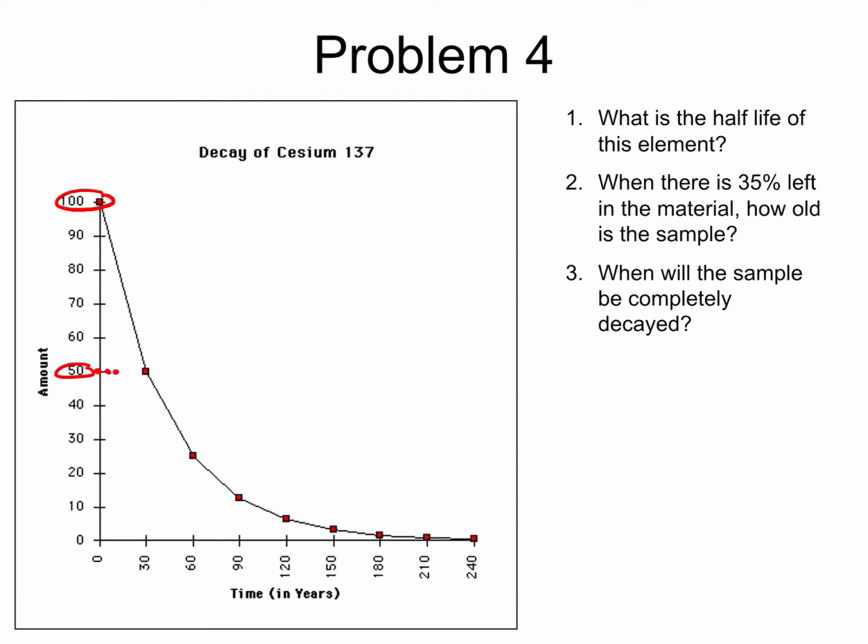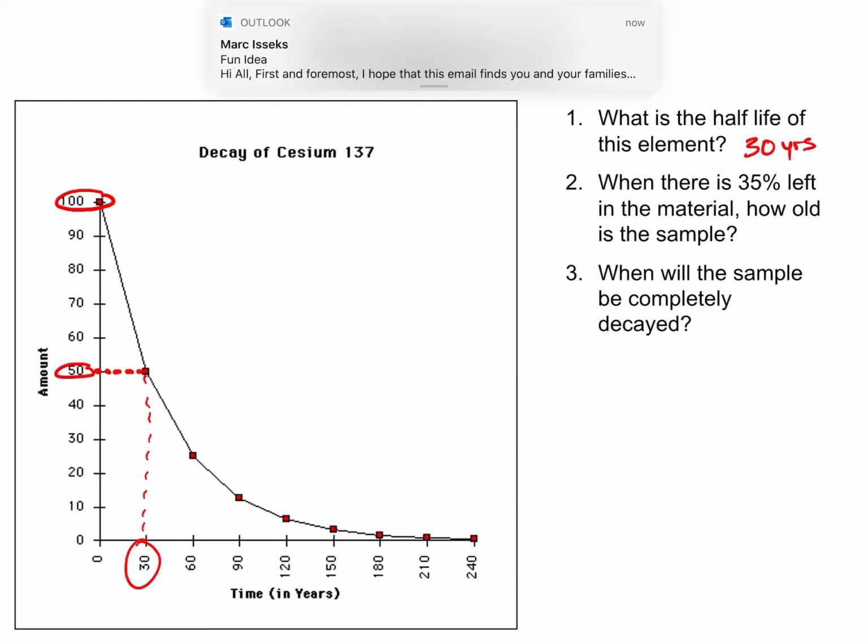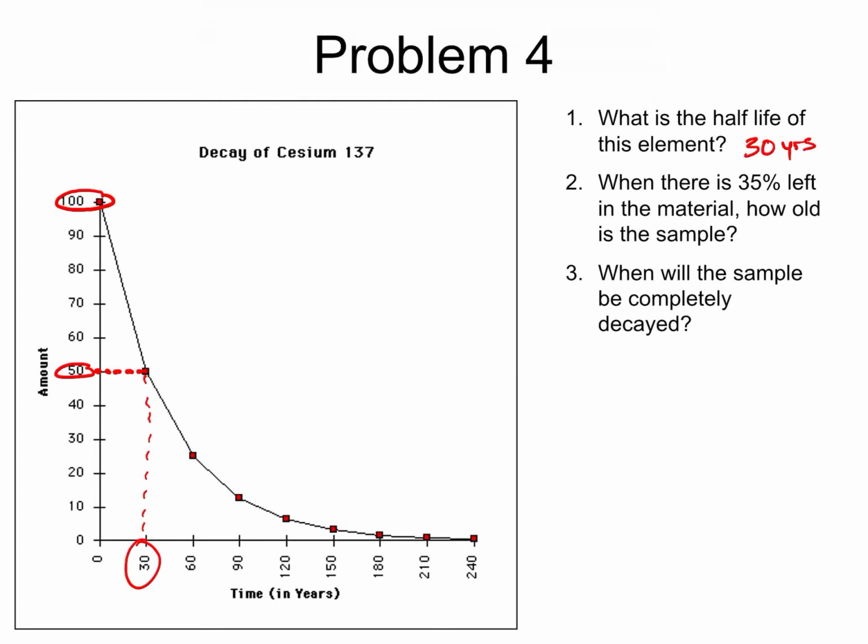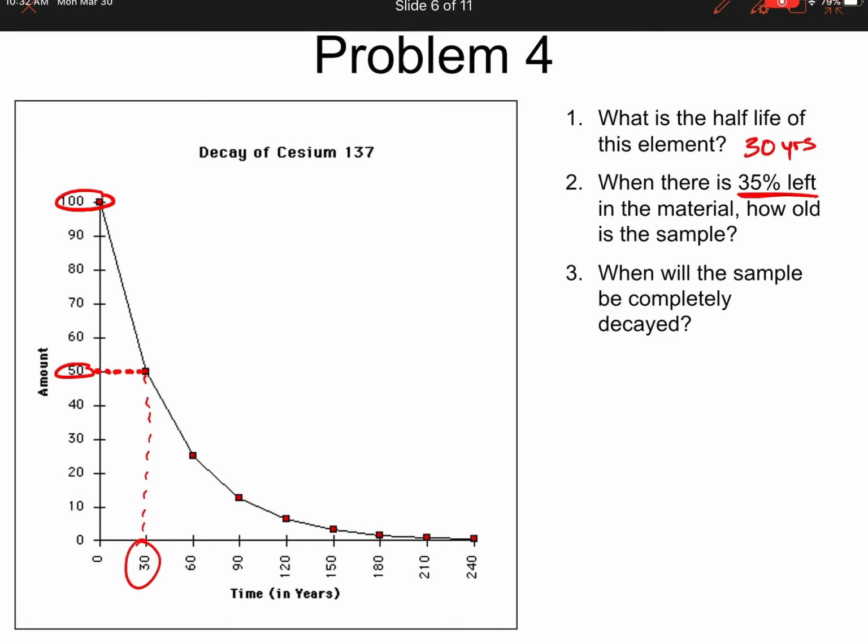So go to 50, that's half of it. Go across and down. All right, so now I know that 30 years is how long it takes for cesium-137 to decay 1/2.